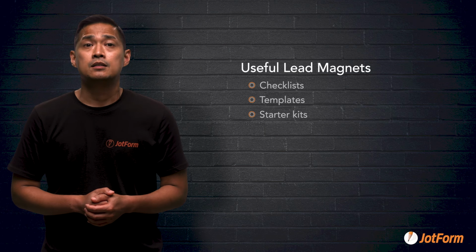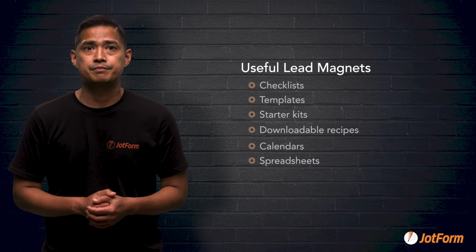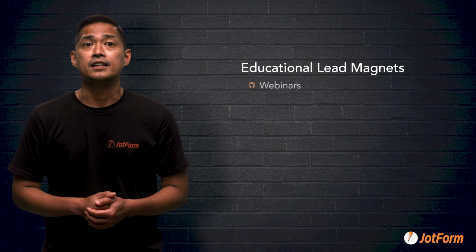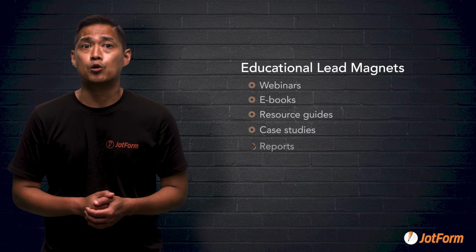In the useful lead magnets category, you've got checklists, templates, starter kits, downloadable recipes, calendars, and spreadsheets. Then in the educational lead magnets category, you have webinars, ebooks, resource guides, case studies, reports, and infographics.